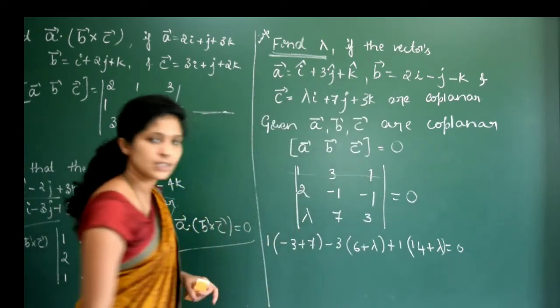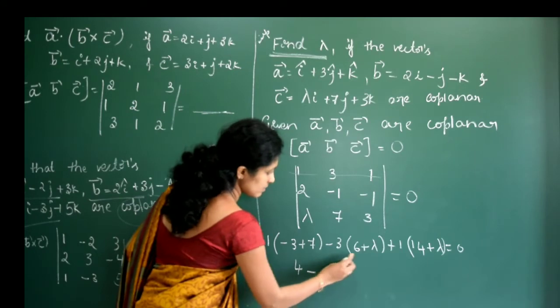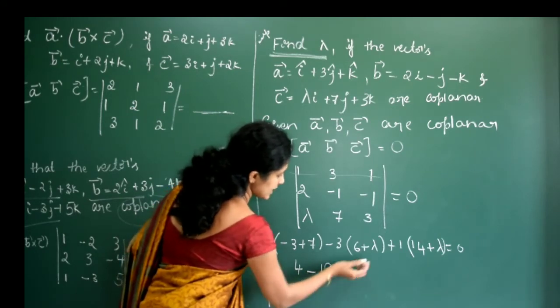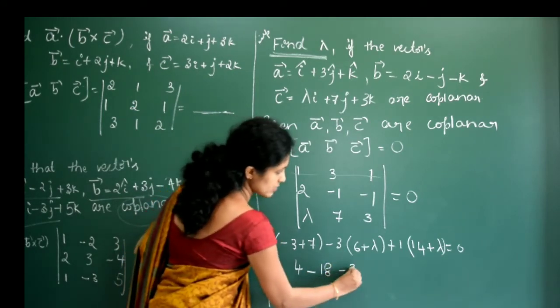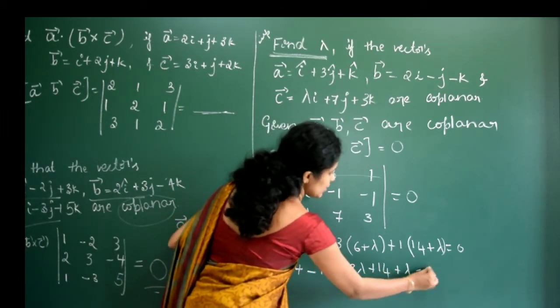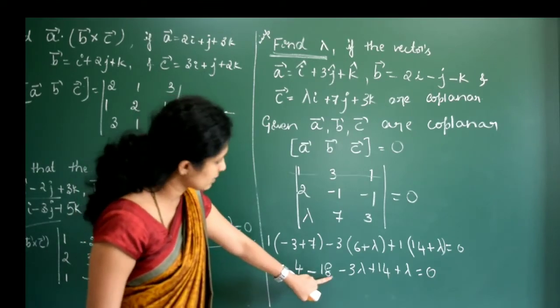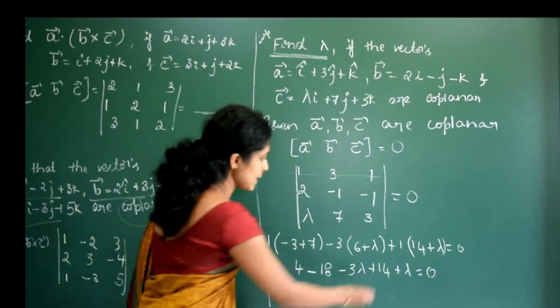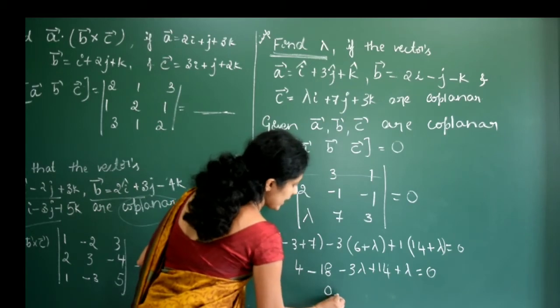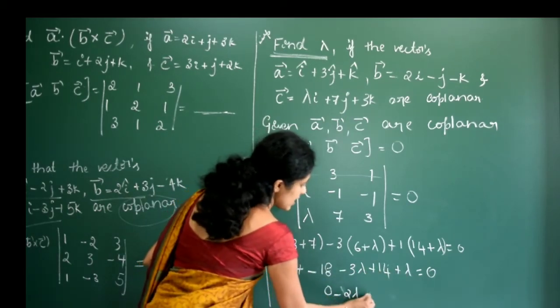So this is minus 3 plus 7 will be 4, minus this will be 18, right? Minus 18 minus 3 lambda plus 14 plus lambda is equal to 0. So it is now 4, minus 14 plus 14 will be 0. So 0 minus 3 lambda plus 1 lambda, this will be minus 2 lambda is equal to 0.